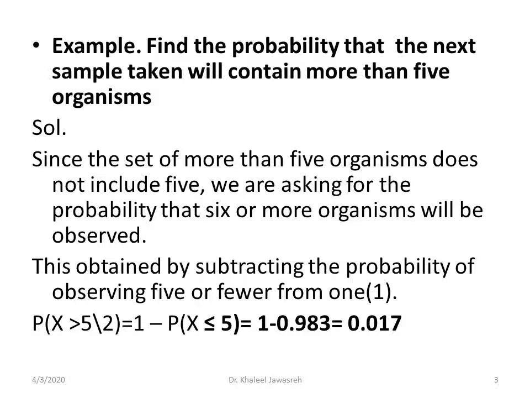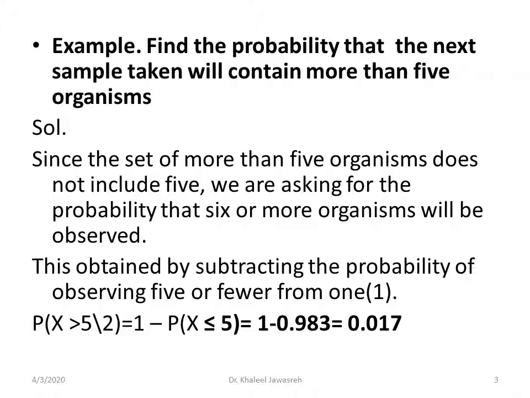The probability of x more than 5 equals 1 minus the probability of x less than or equal to 5, and this number, 0.983, we take from the table.